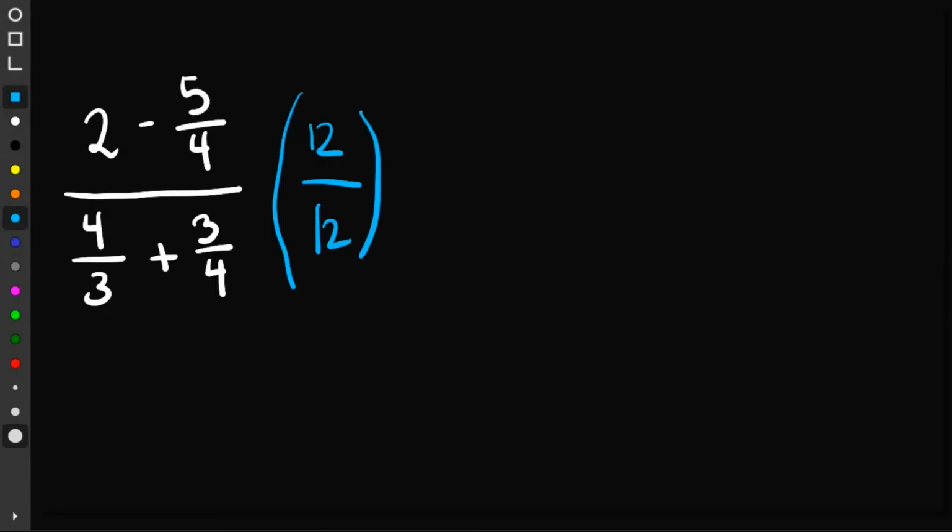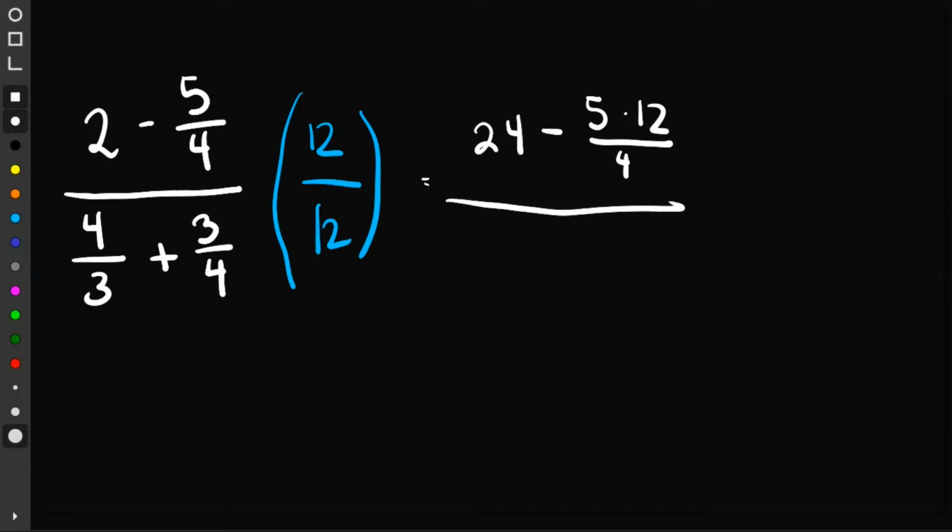Feel free to verify that the LCM of 3 and 4 is this one. So this would give us 2 times 12 is 24 minus 5 times 12 all over 4 all over 4 times 12 all over 3 plus 3 times 12 all over 4.